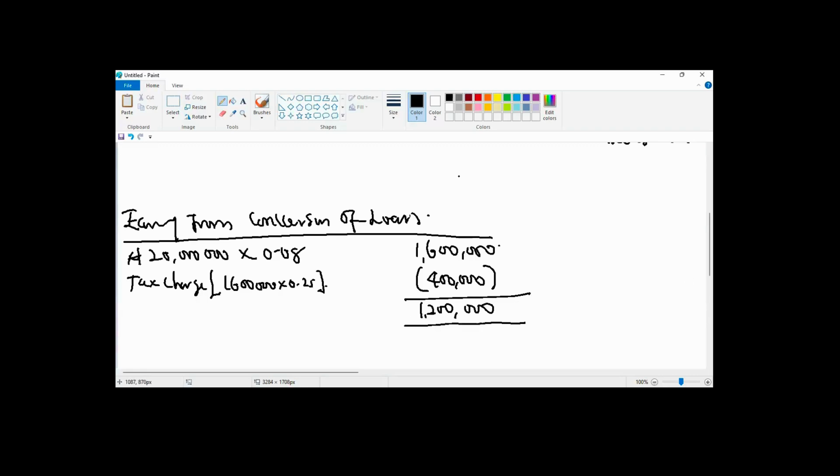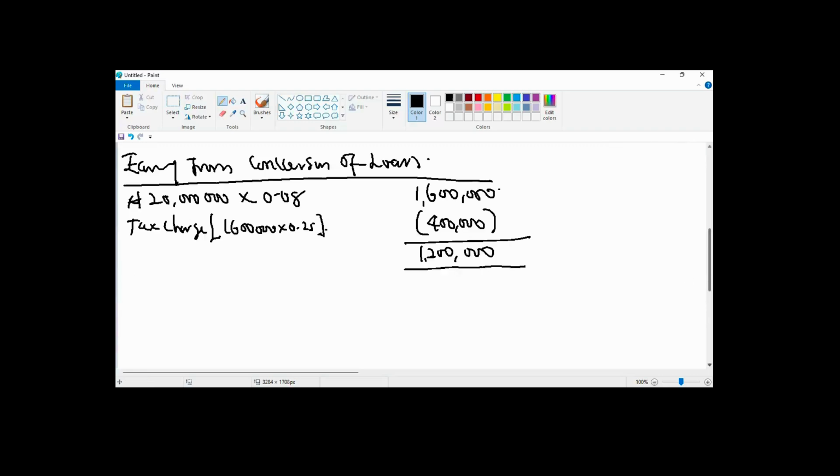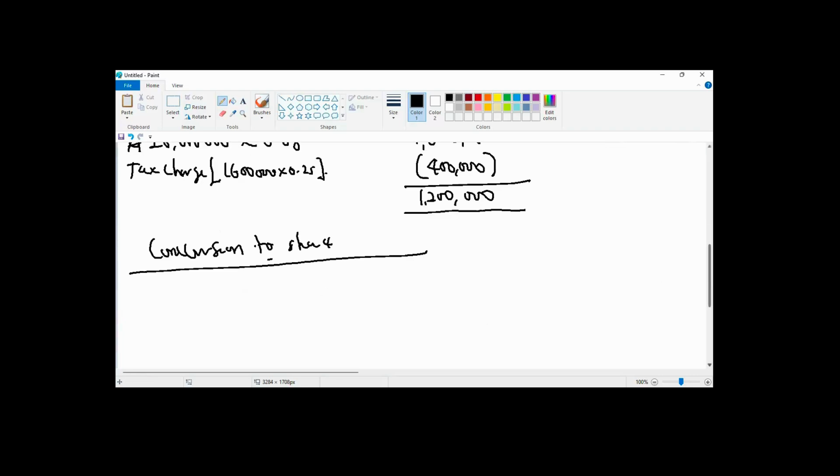So how do you want me to convert the principal to shares now? I'll go and look at the conversion terms. You have 20 million. They've given us the conversion terms in the question.